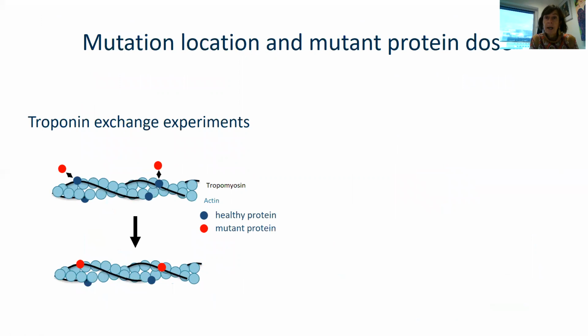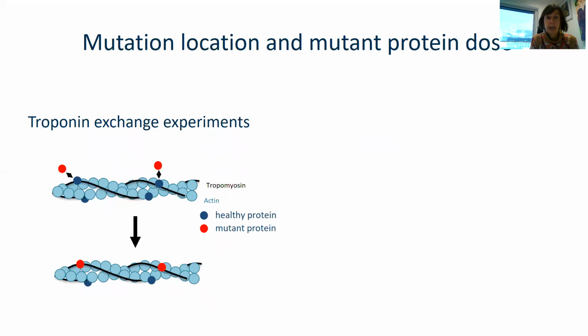So we used isolated cardiac muscle cells, and we can do exchange experiments where we basically give the mutant protein in the incubation medium, and then there's a competition with the endogenous troponin present.